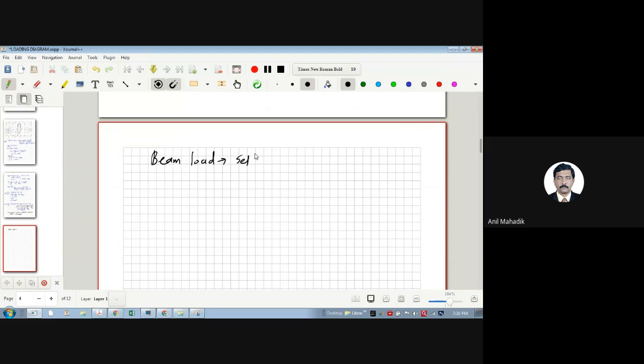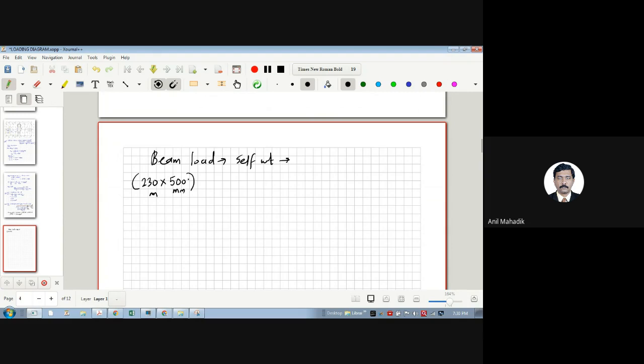First will be the self-weight of the beam. Whenever we calculate any beam load, we calculate it in terms of kilonewton per meter. Let's assume the size of the beam as 230 mm by 500 mm.